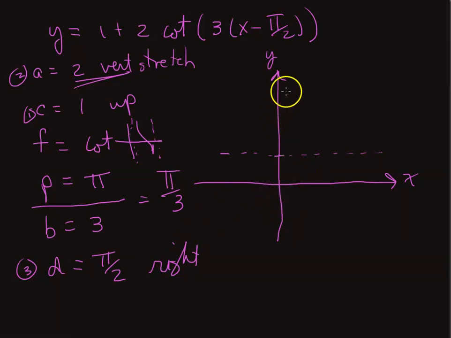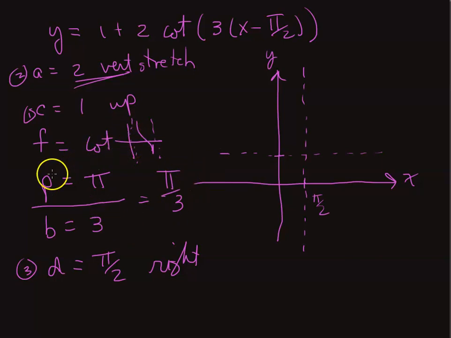Normally, I guess I would say, the function starts at the y-axis where there's a vertical asymptote. But now we're moving it pi over 2 to the right, and that's where your vertical asymptote is. For the cotangent, it used to be right on the y-axis.